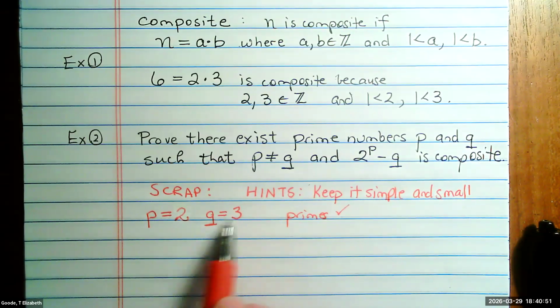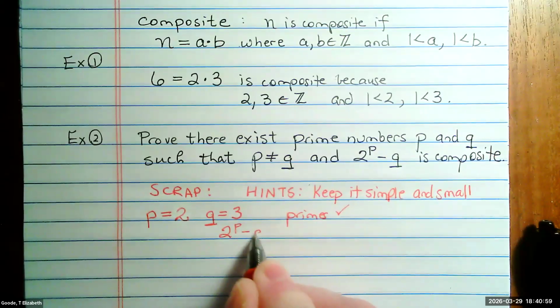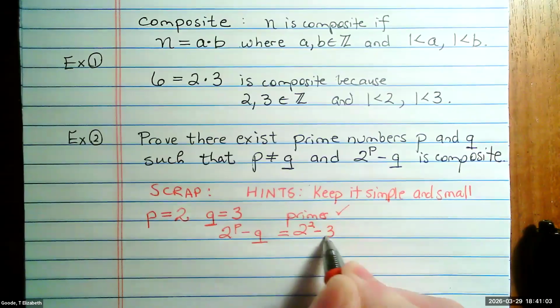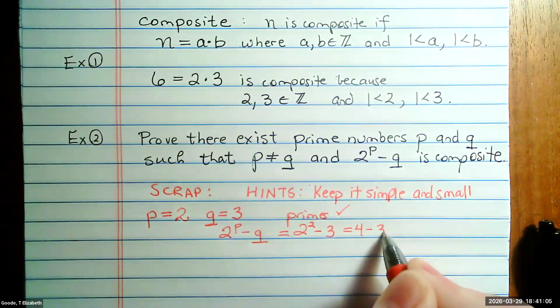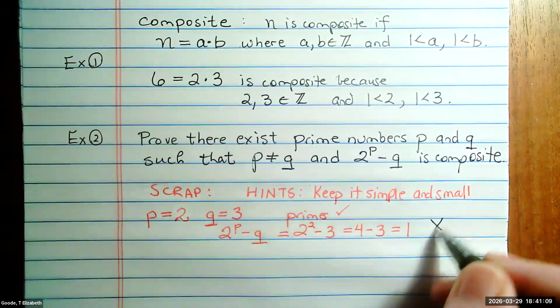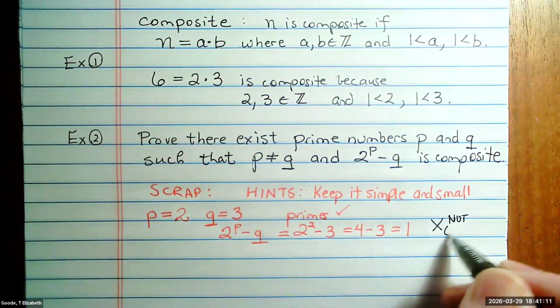Do you agree that these are both prime? Yes. 2 to the P minus Q is equal to 2 squared minus 3. That's 4 minus 3. That's 1. That's not going to work because it's not composite.